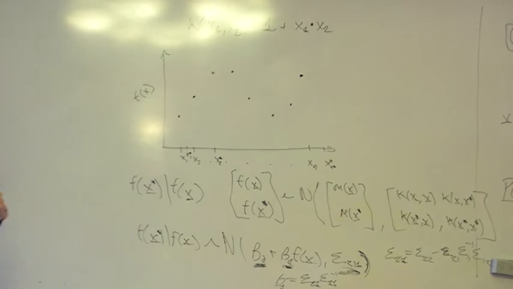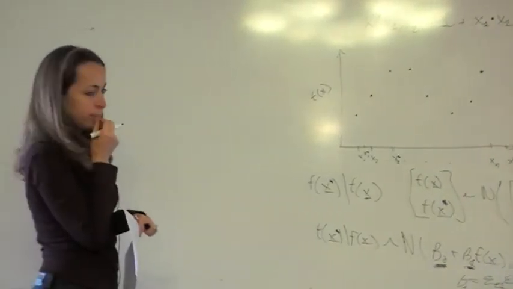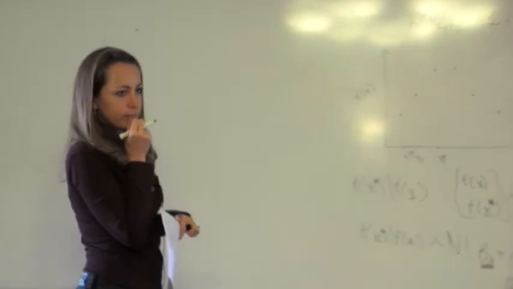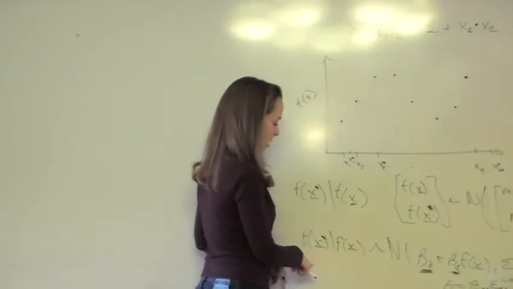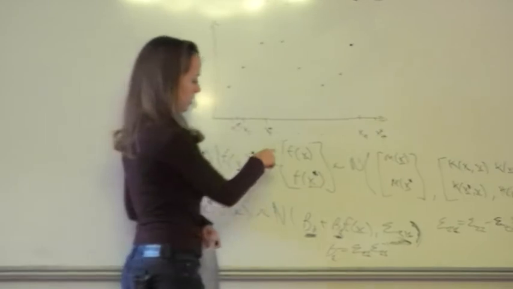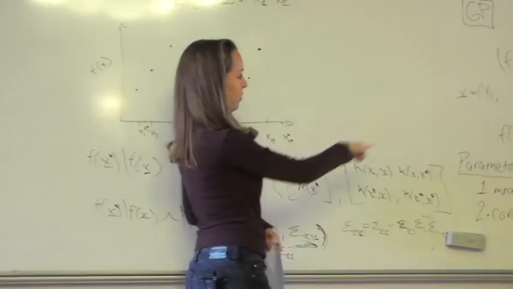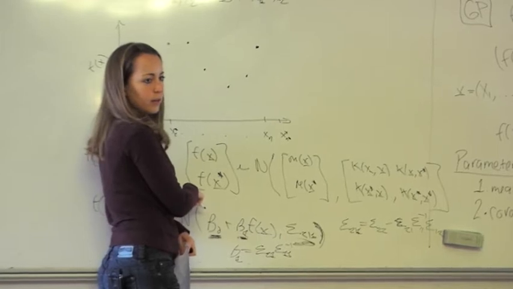Sure. How do we know that f of x star given f of x is this multivariate normal? This is the conditional property of the normal distribution. We know from the definition of a Gaussian process that jointly they are normal, correct?